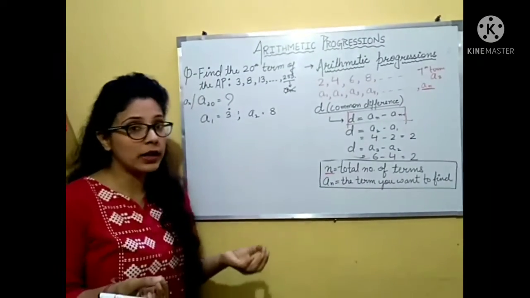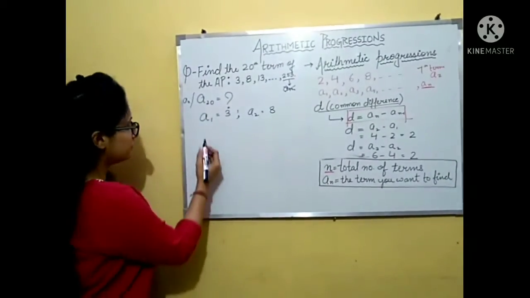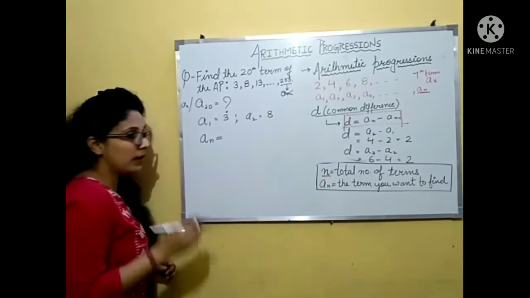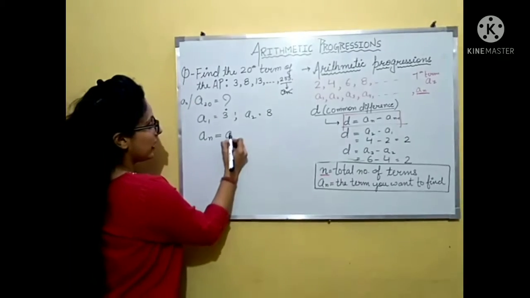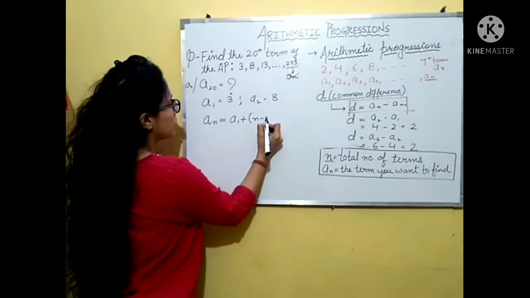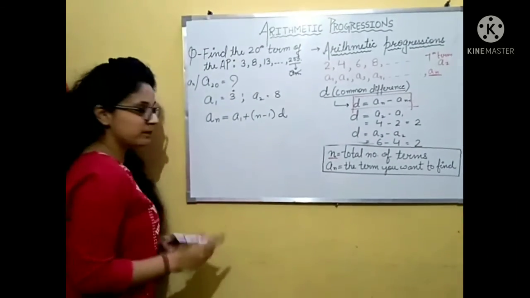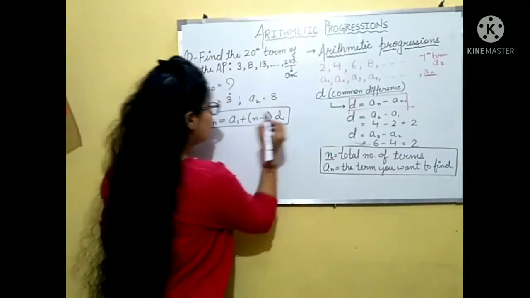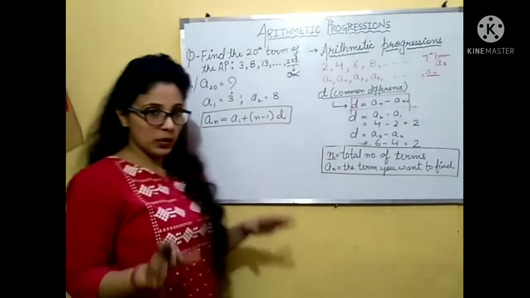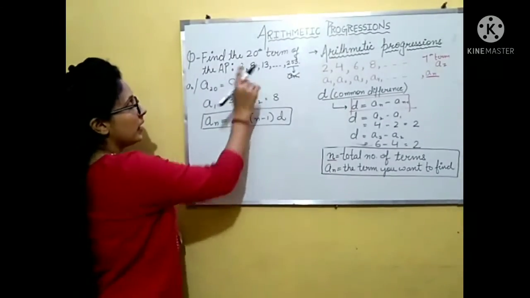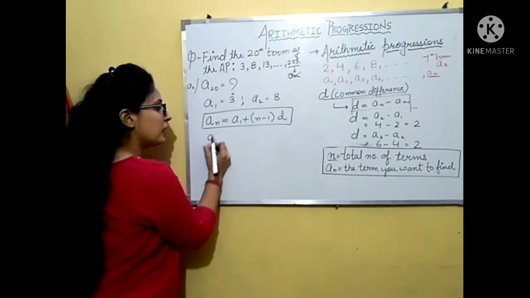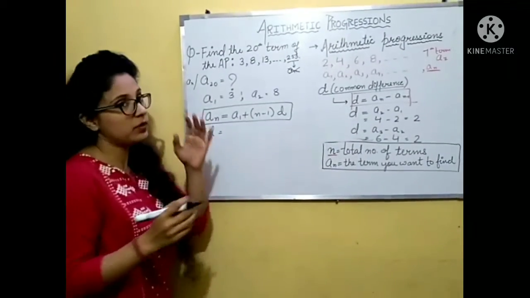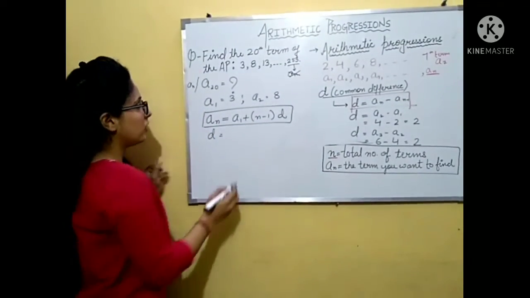But how will you find out the 20th term? Here, this is the formula for finding out any term: A1 plus n minus 1 into D. But let me tell you where this formula has come from. I have told you that D is the common difference, and every time when you subtract the first term from the second term, you will get your common difference.